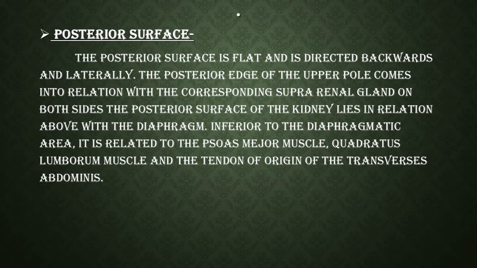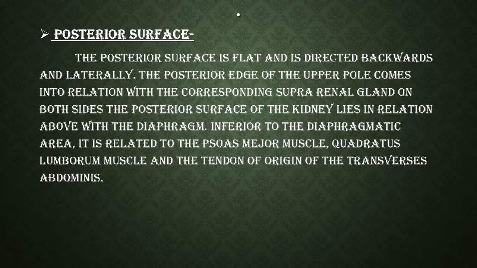Inferior to the diaphragmatic areas, it is related to the psoas major with its covering fascia, quadratus lumborum muscle with the anterior layer of the lumbar fascia, and the tendon of the origin of transversus abdominis muscle from the medial to the lateral side.